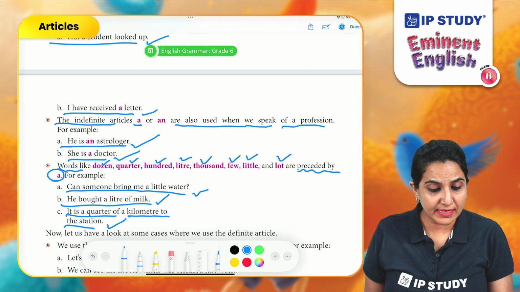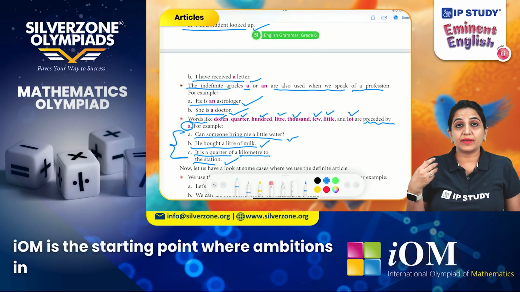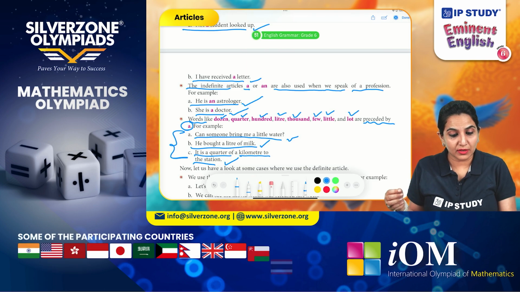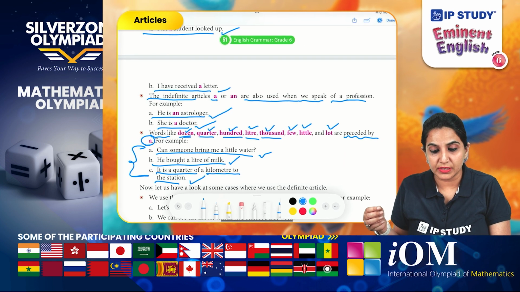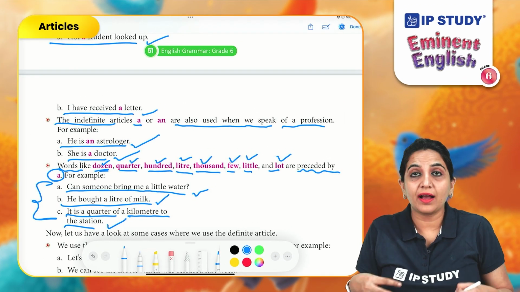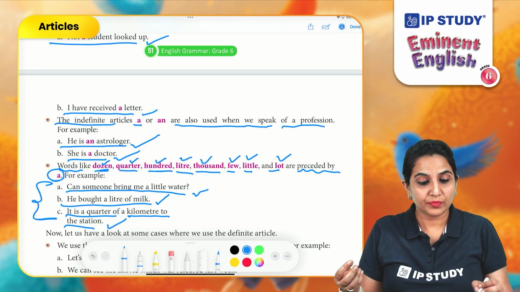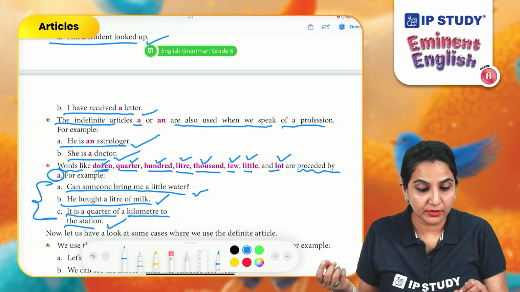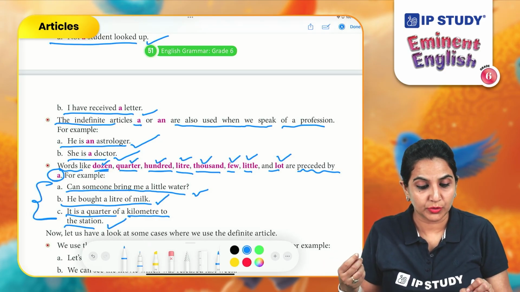Here, in these three sentences, we are talking about the quantity, but we are referring to an indefinite quantity of something which is not countable. But the quantification like dozen, quarter, 100, liter, 1,000, few, little, lot, they are countable. Hence, we can use article a with them. Like, give me a little water. Can someone bring me a little water? He bought a liter of milk. It is a quarter of a kilometer to the station.